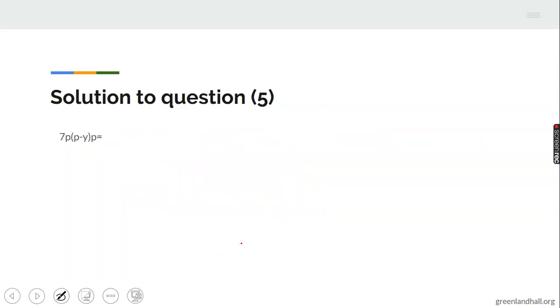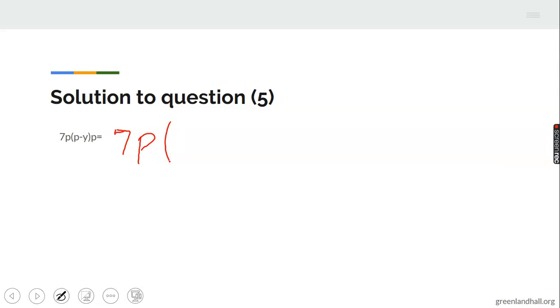Now the next one, you can do this one in two ways. Firstly, you can distribute the first over and later finish it up. And you can do it the other way around also. What do I mean by that? I can firstly multiply 7p. Then I open the brackets with p, this p outside.